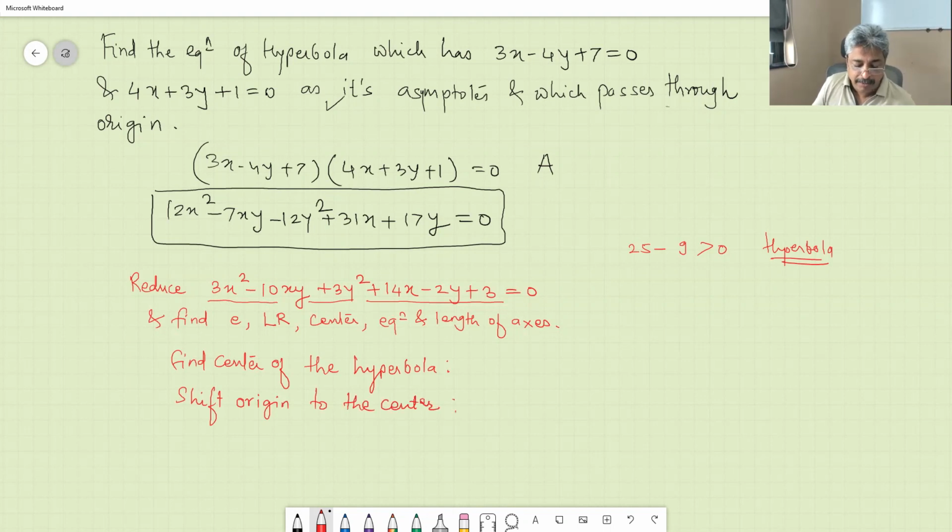And hence you will end up getting something like ax square plus by square plus 2hxy plus constant is equal to 0. Up to this point you do, then I will tell you how to quickly get the standard form.